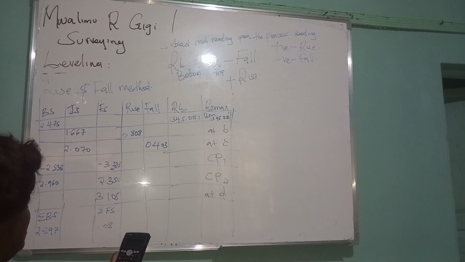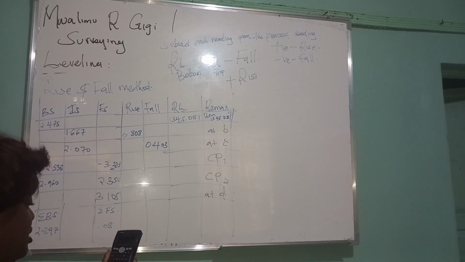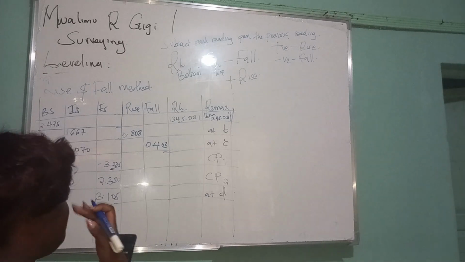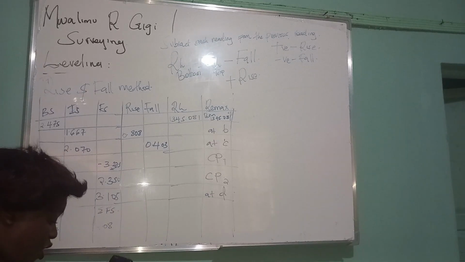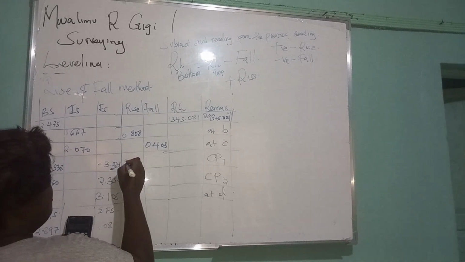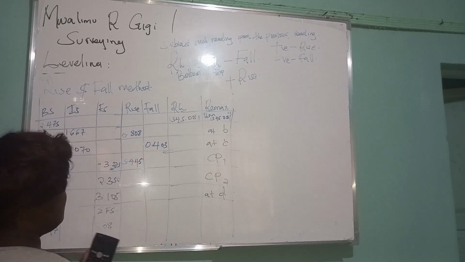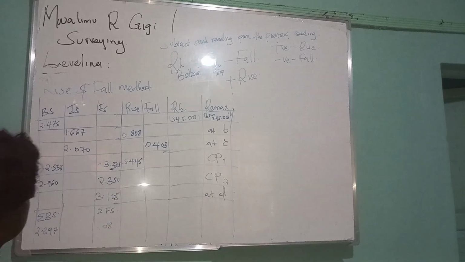So we go to next: 2.070 minus negative 3.375. So it is 5.445, which is positive. It is a rise of 5.445. Then we go to next.